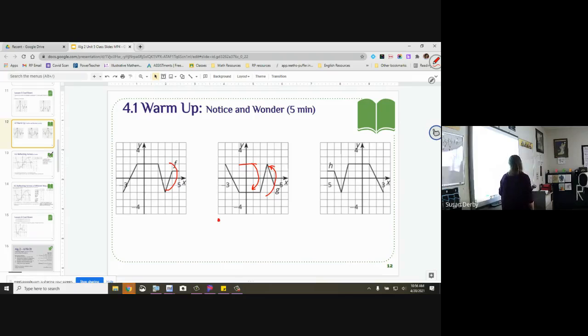Let's put both of those kinds of terminology down below. We reflected over the x-axis. We can also say that we flipped it upside down.